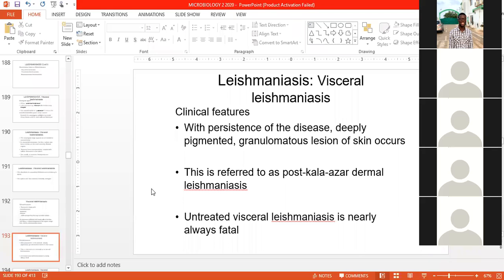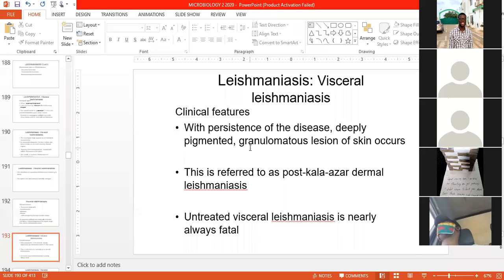Can you give a granulomatous, brother? What's the meaning of granulomatous? Granules. Yeah, madam. Granules. Where are they? Madam, it looks like granules. Yes. What are granules?